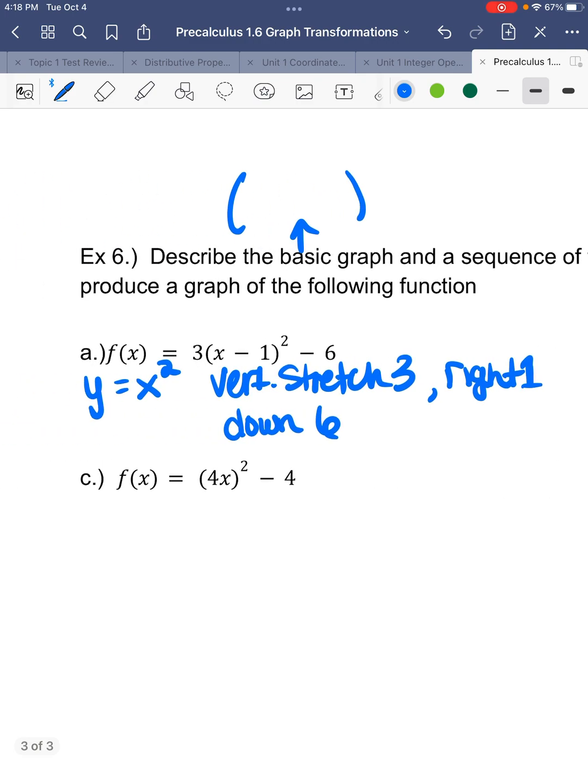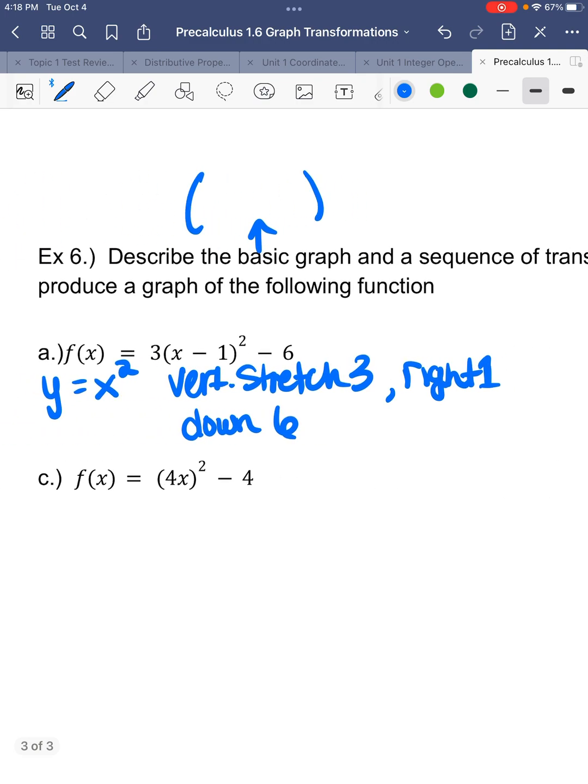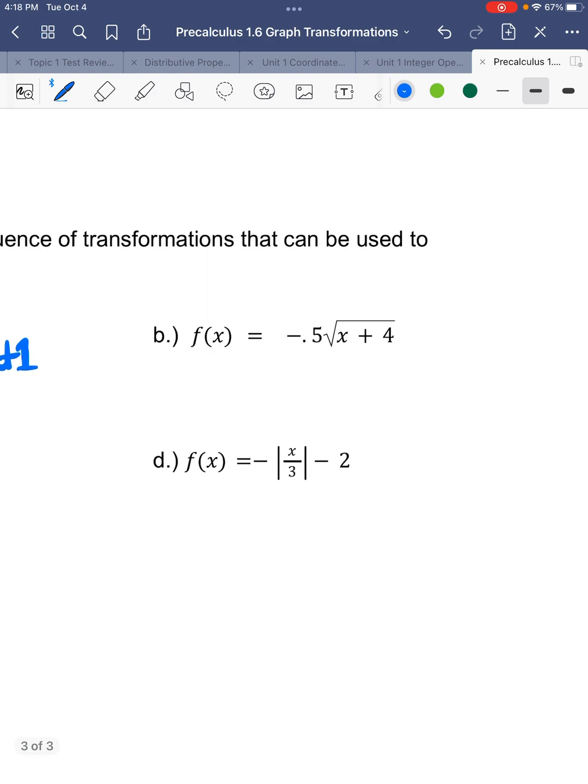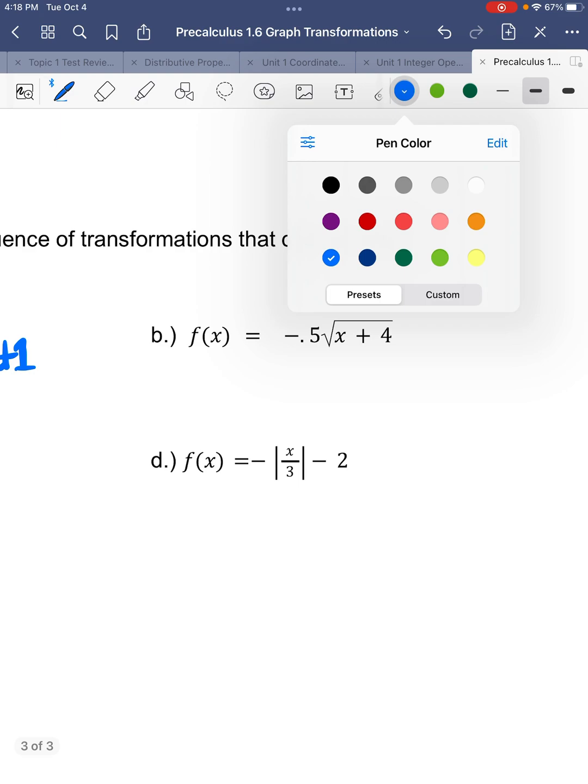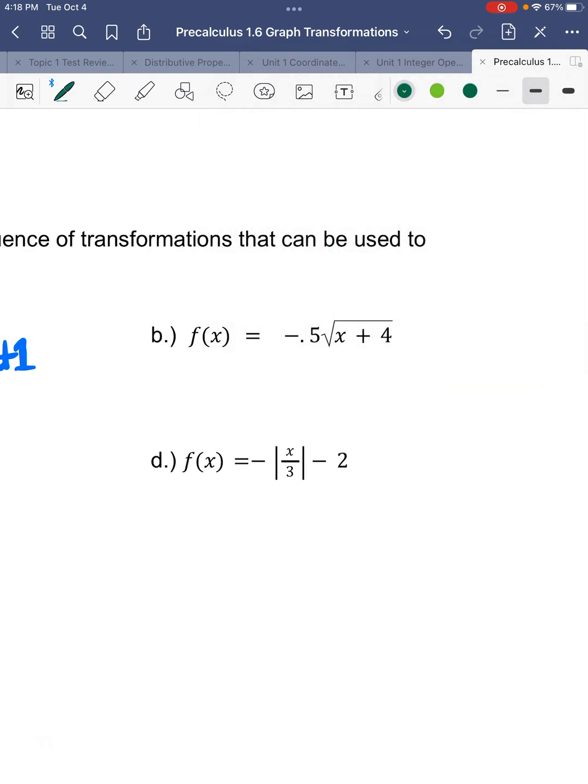Okay, so let's go to another function. Hopefully you see there is a square root involved here. So this one is related to the square root of x. I'm going to go from left to right. Negative, just the negative. Do not think of this as a negative 0.5. It's separate. And the negative in front is a reflection over the x-axis.